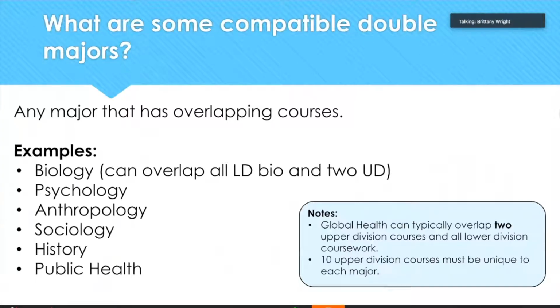The global health curriculum is very diverse. You'll be taking courses from biology, sociology, anthropology, and economics, or however you plan out your electives. Those departments would be very compatible with double majoring, as would psychology, for instance, so that you could utilize those overlaps.